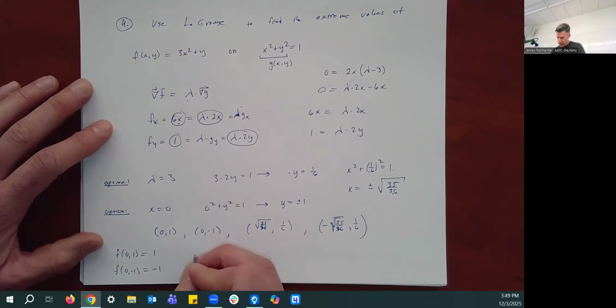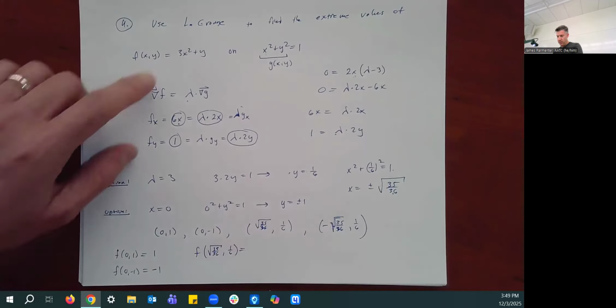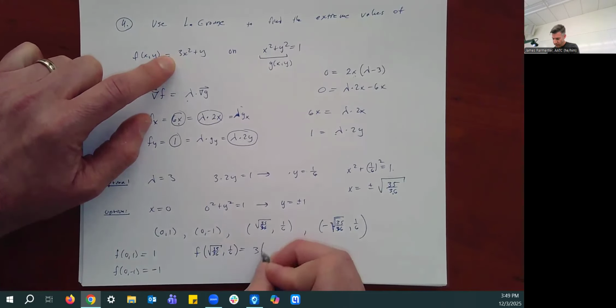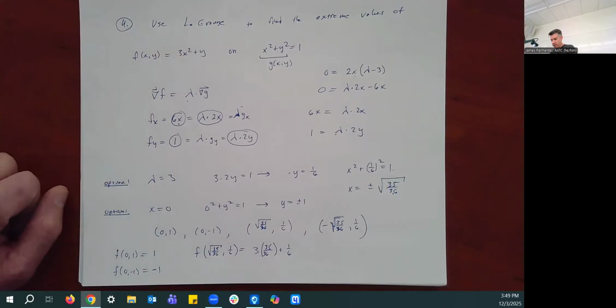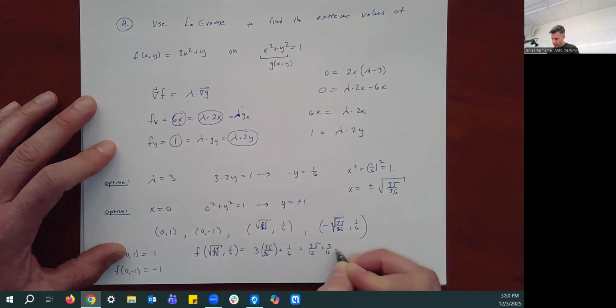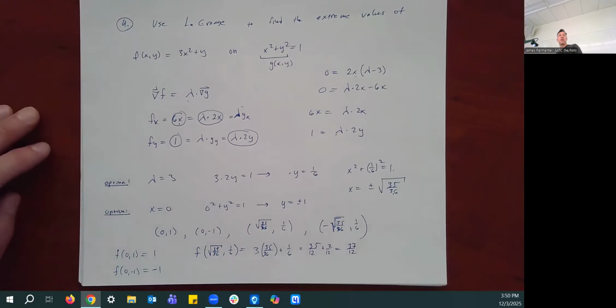These are the harder ones. f of (root 35 over 36, 1/6) is going to be 3 times that number squared, which is just that number, 35 over 36, plus 1/6. Let's see. This is 35 over 12 plus 2 over 12, which is 37 over 12, slightly bigger than 3.